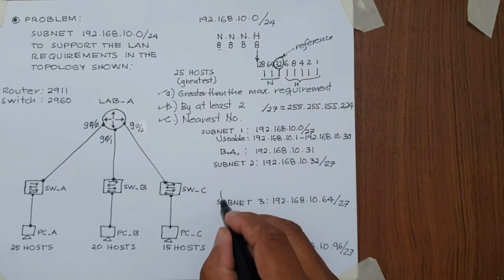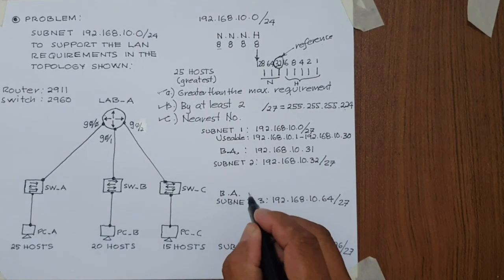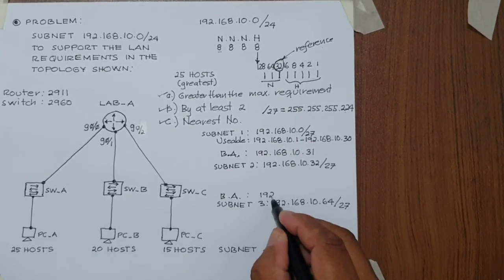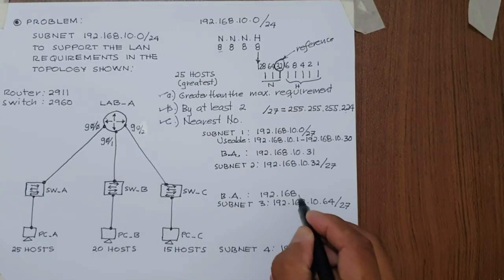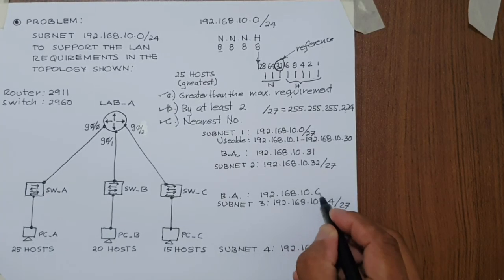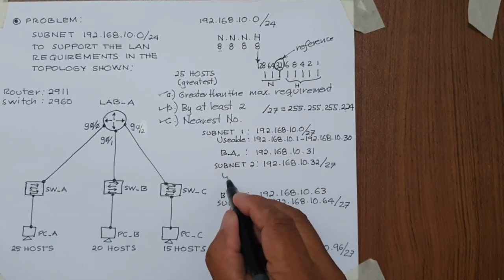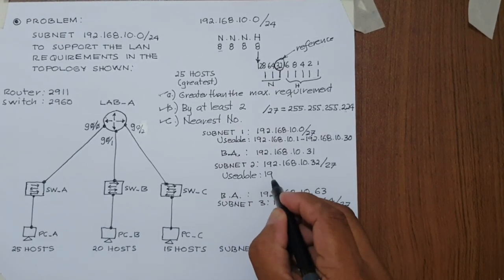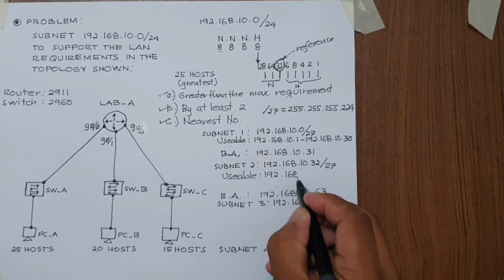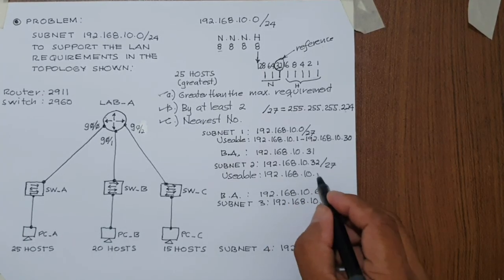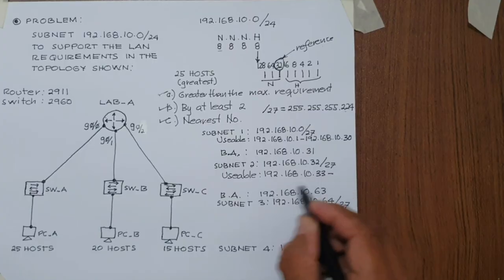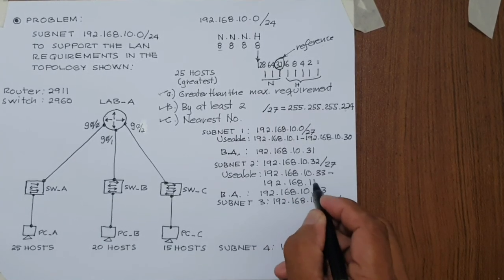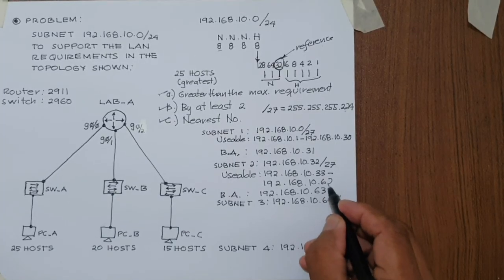In this subnet number 2, the broadcast address will be the address before the next subnet, 192.168.10.63. So the usable here will be 192.168.10.33 up to 192.168.10.62.